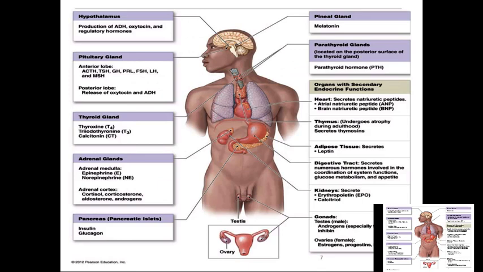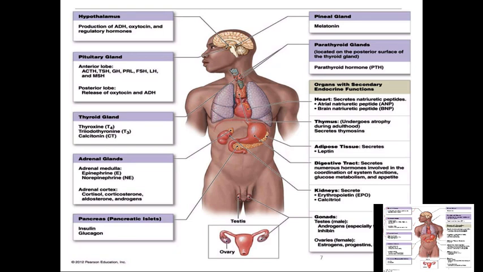So if we take a look, you can see on the left the hypothalamus, the pituitary, and the thyroid. And you're going to hear a lot about what we call the HPT axis, the hypothalamus pituitary thyroid axis, but there's also the HPA axis between the hypothalamus, the pituitary, and the adrenal gland.